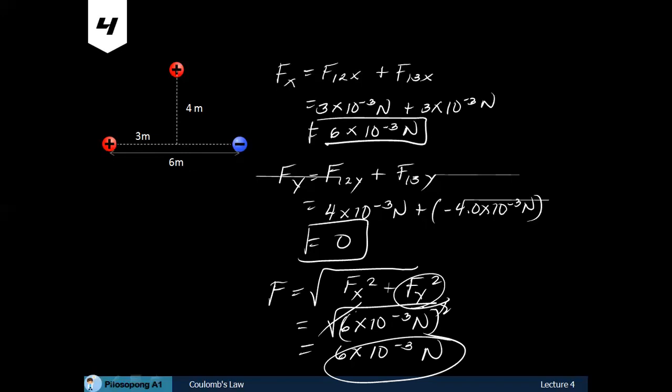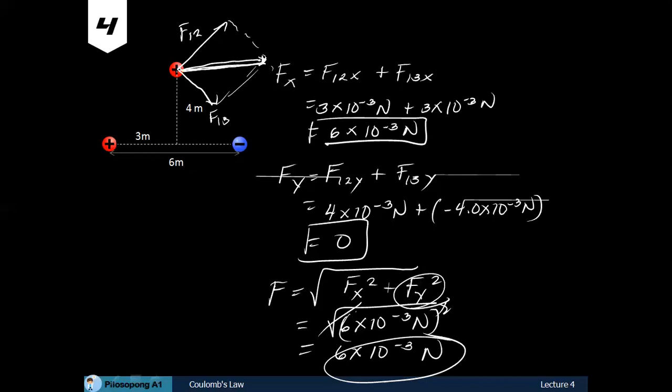So how will we imagine that in our figure? Again, we have here F12, and then we have here F13. If we use the parallelogram method, we can get the vector sum of the forces this way.